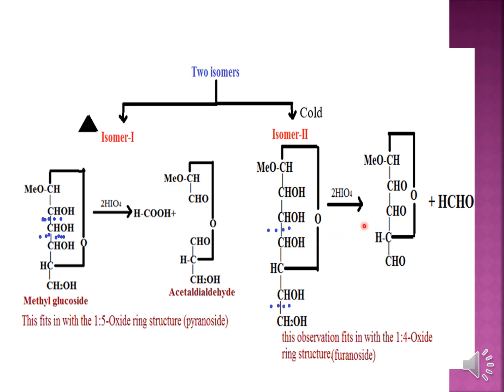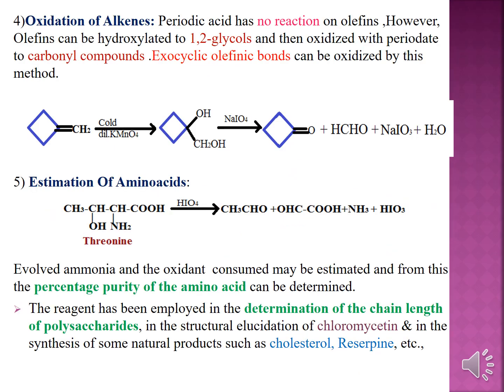Moving on to here, whatever the observation is, you are getting the 1:4 oxide ring structure, that is your furanoside. After the consumption and the breakage of this compound, you are getting the furanoside as your ring structure. Okay, so moving on to the next slide.